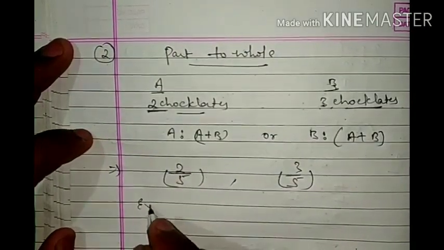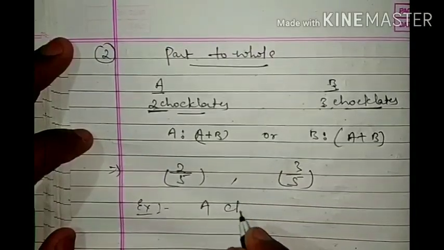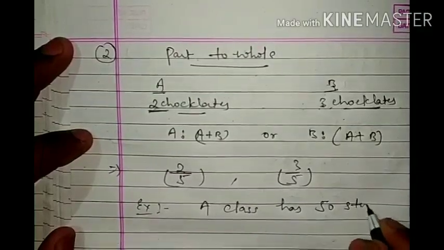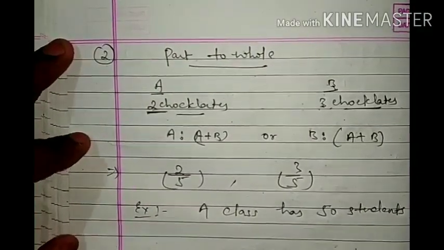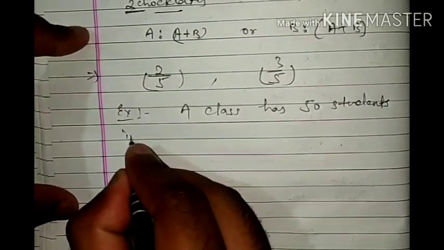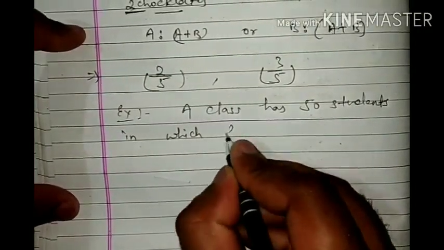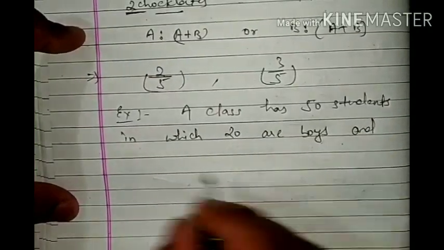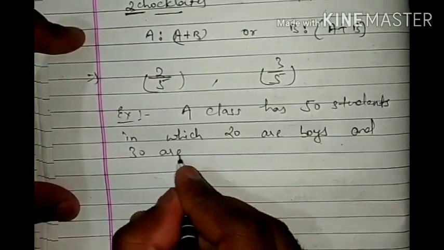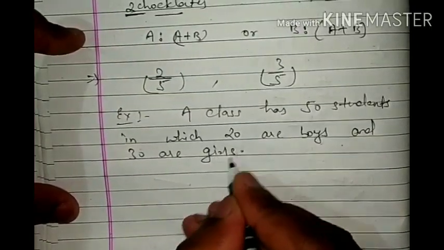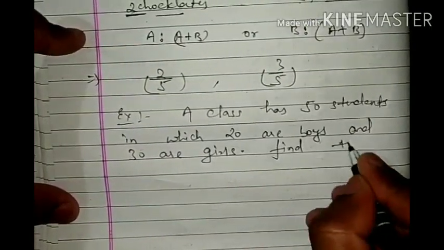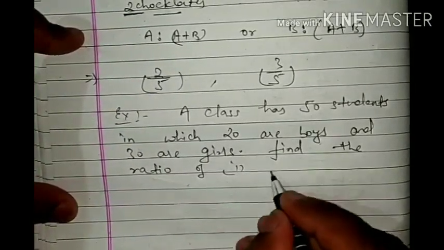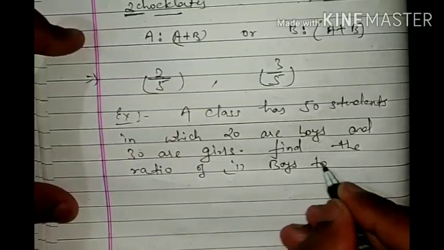Let's take an example over here. A class has 50 students in which 20 are boys and 30 are girls. Find the ratio of, first question, boys to girls.